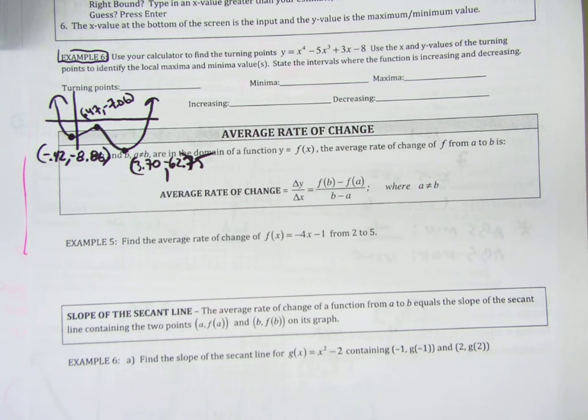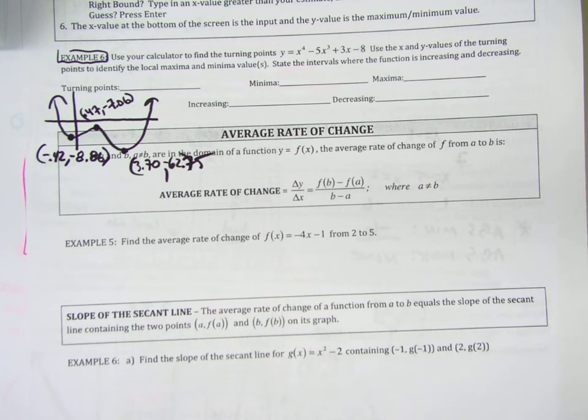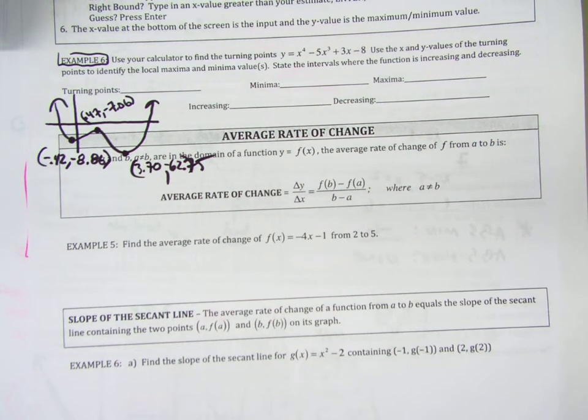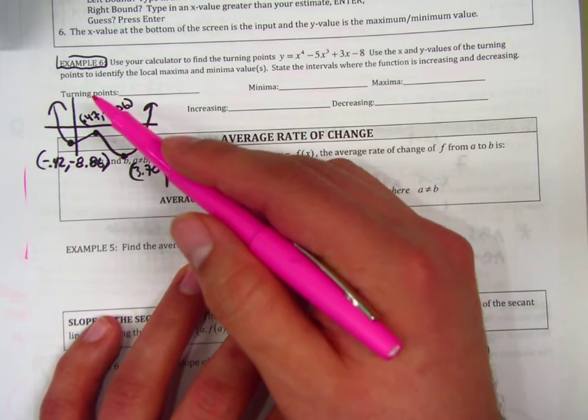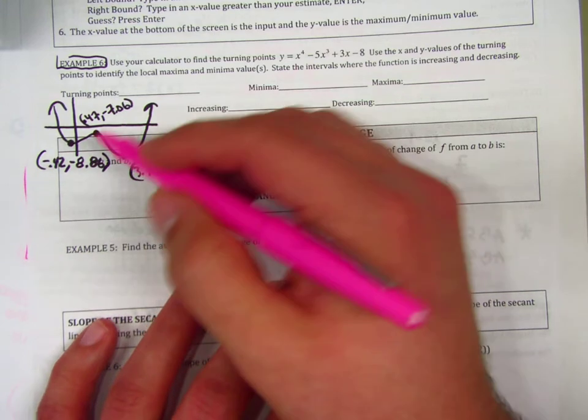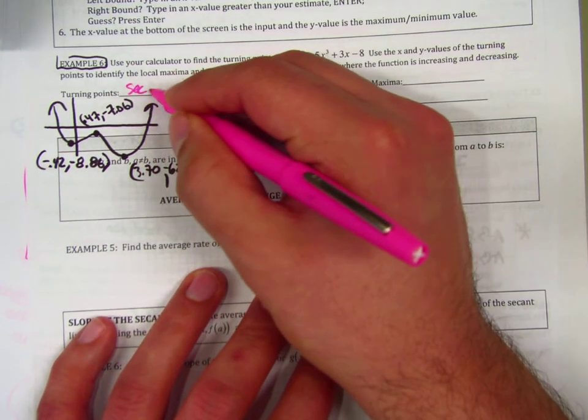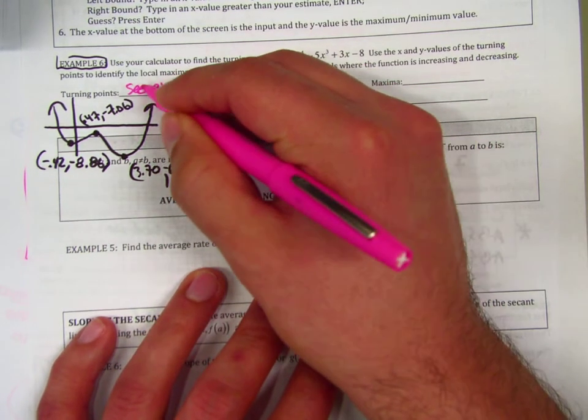Any questions on how we're getting the coordinates for those locations? All right. Well, turning points. Actually, that's these three. So I'm just going to go see picture. I'm not going to write them down again. Okay, these are the three turning points.